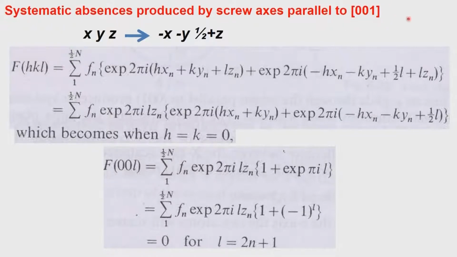I am just reminding you that when we put it in square brackets, it represents the direction. When we put it in ordinary brackets, it represents the plane. So, the previous representation was with respect to the plane, and this is now with respect to the direction. This is along the z direction. So, when we talk about the screw axis, it is parallel to [0 0 1].